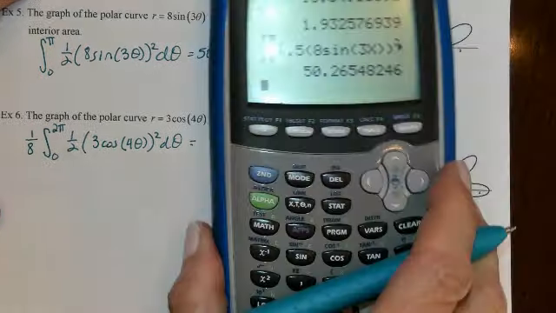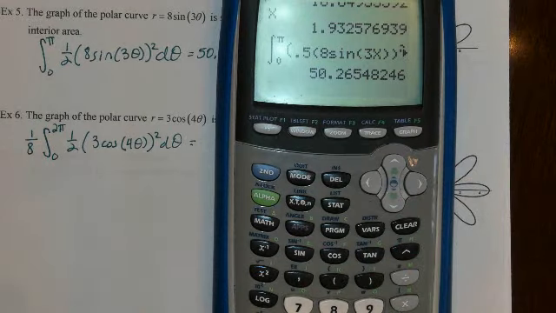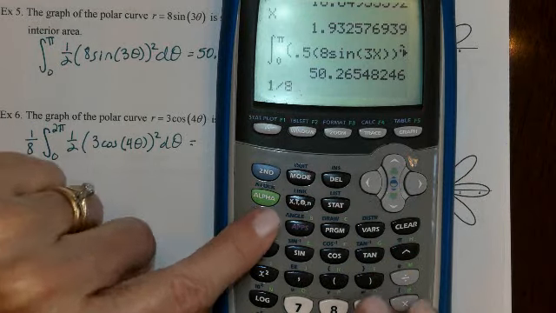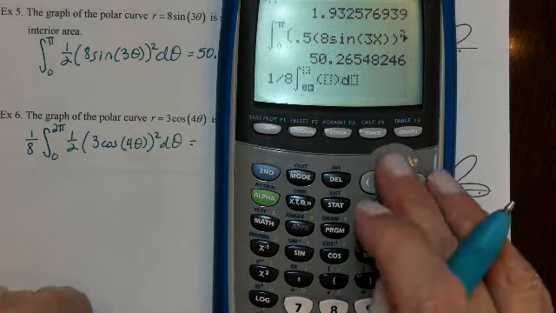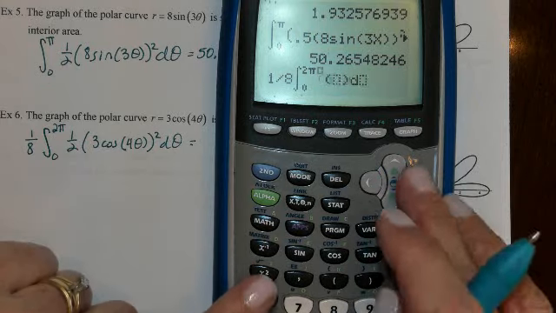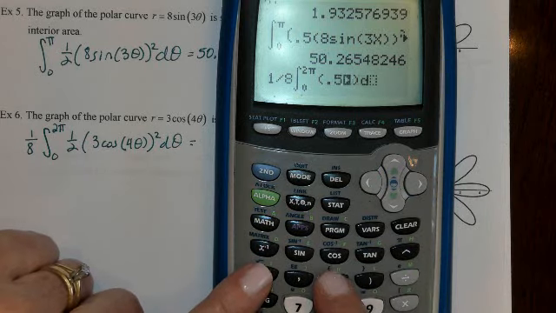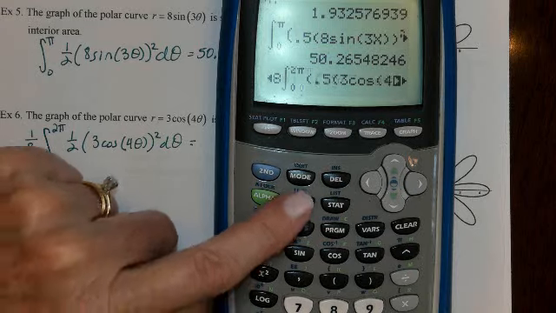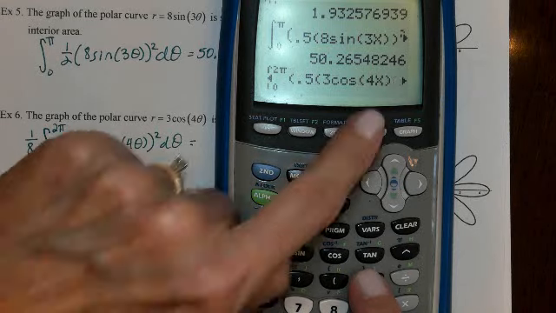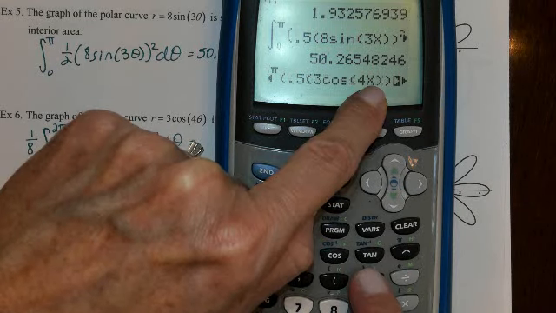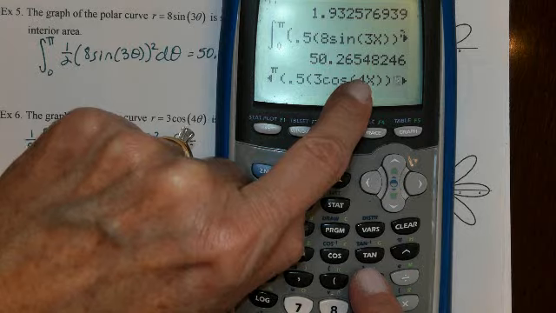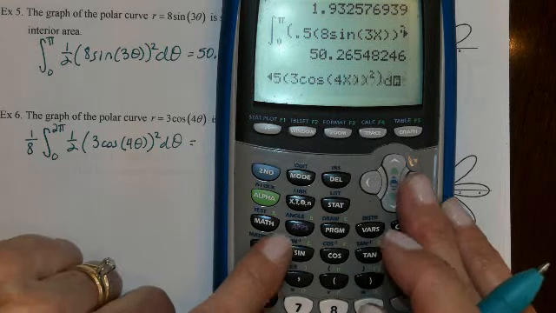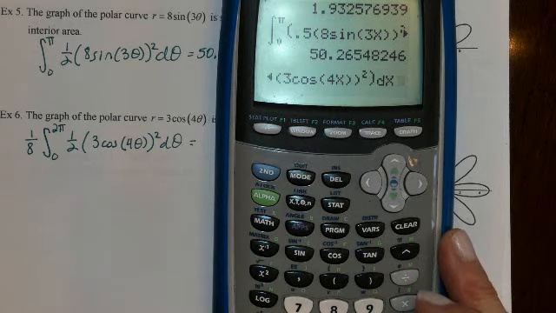Let's put it in the calculator. So I'm going to do 1/8, math 9, 0 to 2 pi, 1/2, parentheses, 3 cosine 4 theta, close the parentheses on the 4x, close the parentheses on the 3 cosine 4x, and then square. Get practice doing this, you guys.